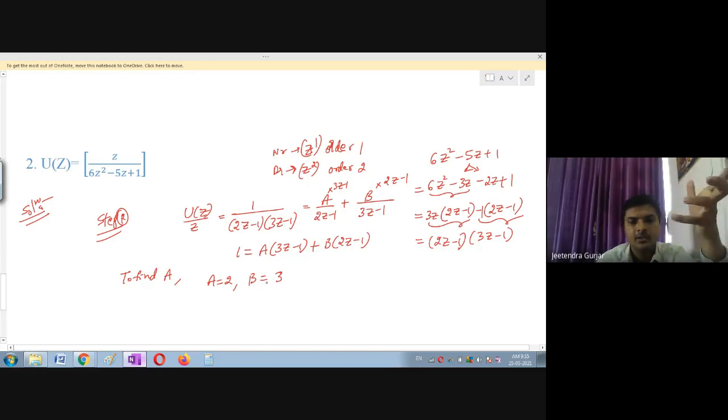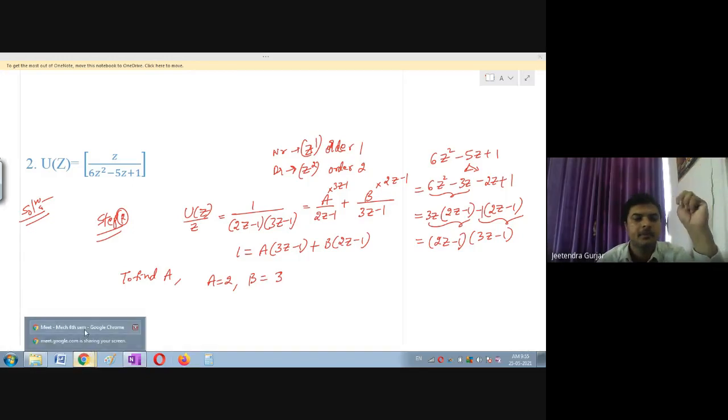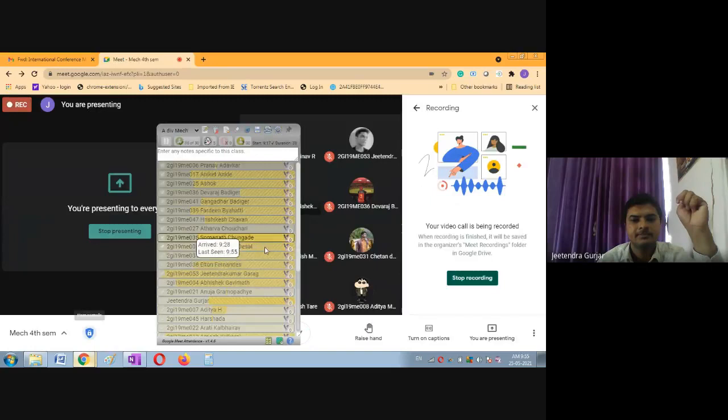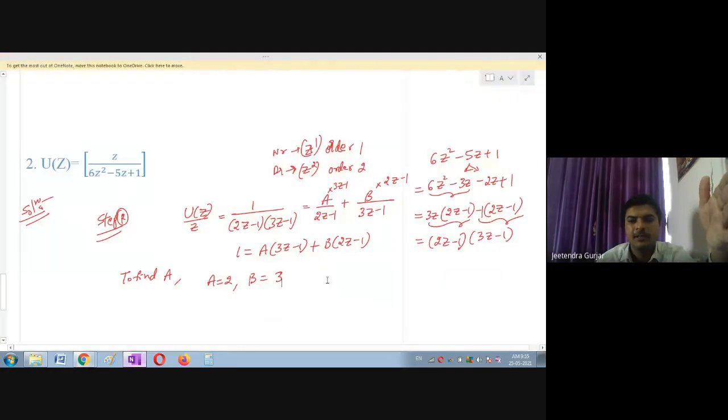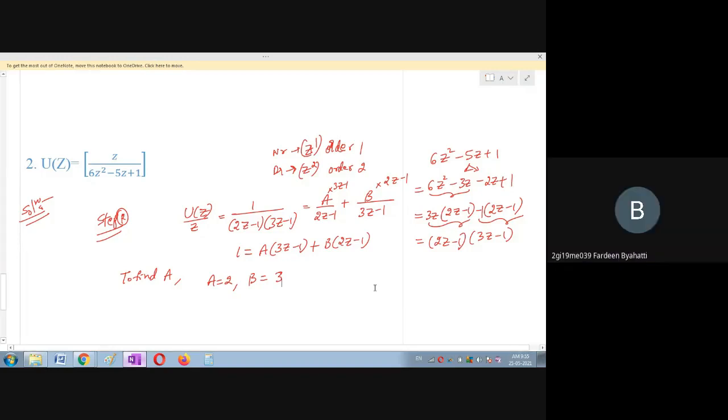Yes, Kanishka, Kaustab. Everyone must get the same answer. Yes, Pranav, Aniket, Ashok, Devraj, Fardin. You're not replying, beta. Nowadays you are busy, I think. Please solve this and check whether the answer is correct or not. Yes, Fardin. A is equal to 2, B is equal to 3. Yes, I got the same.